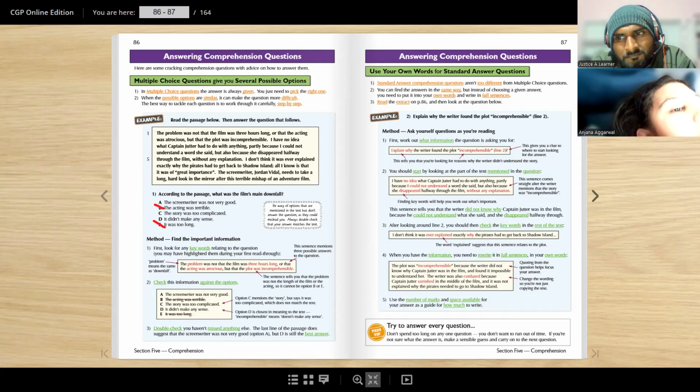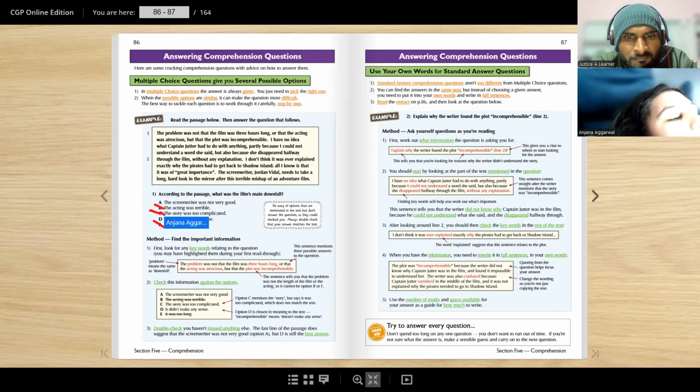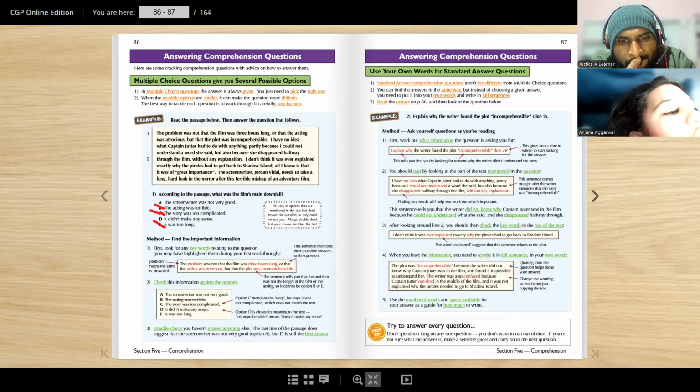Let me see. It says, I don't think it was ever explained exactly. So I don't think it was that it was too complicated. I just think that the movie wasn't made in the right way. So I think it would be: it didn't make sense.